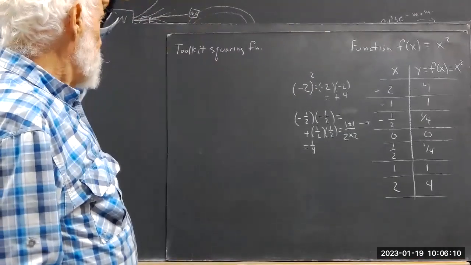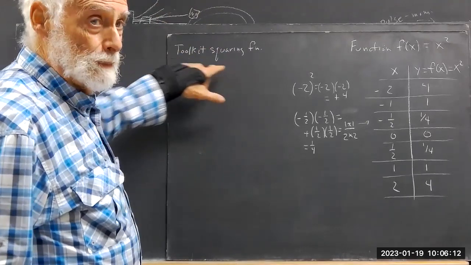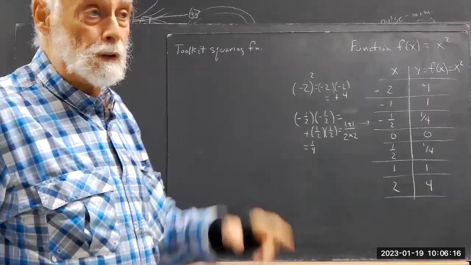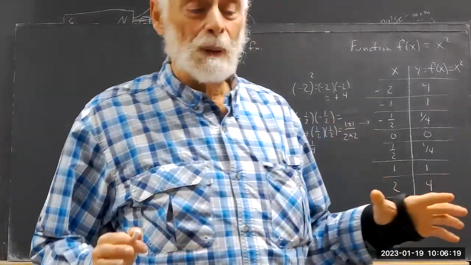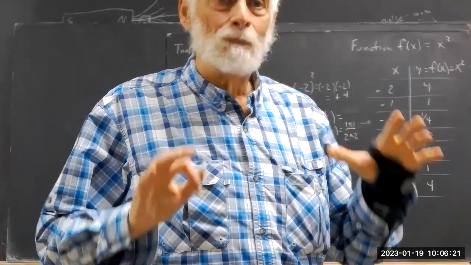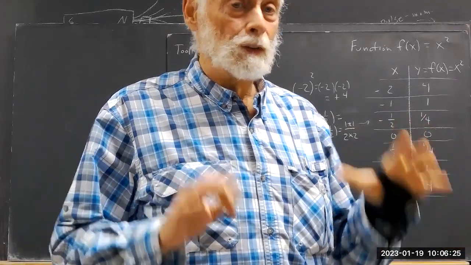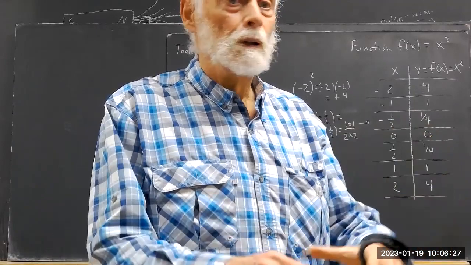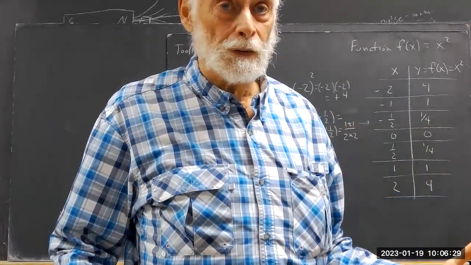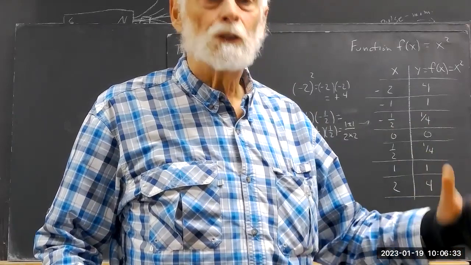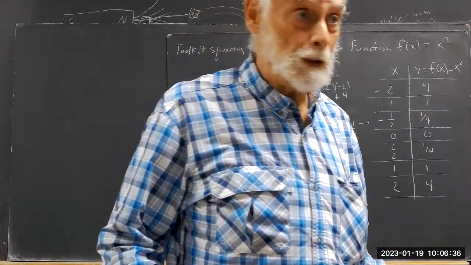Okay. And toolkit is the terminology we use for about a dozen standard functions. And these functions are used to build almost all the other functions you study in undergraduate school, unless you're a math major, you go a little beyond, okay?